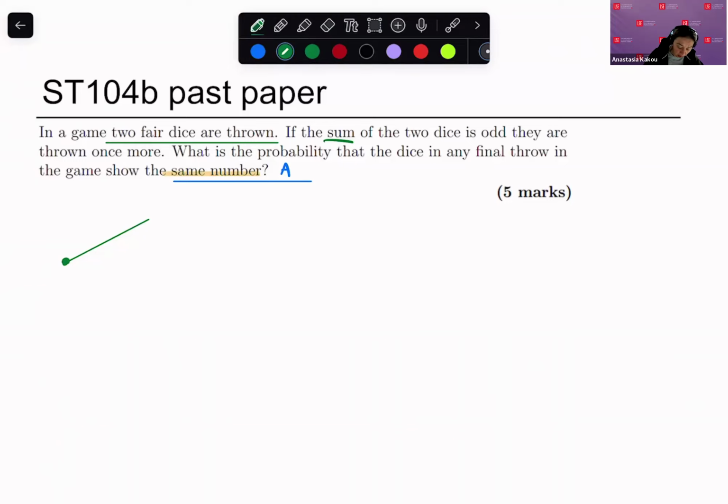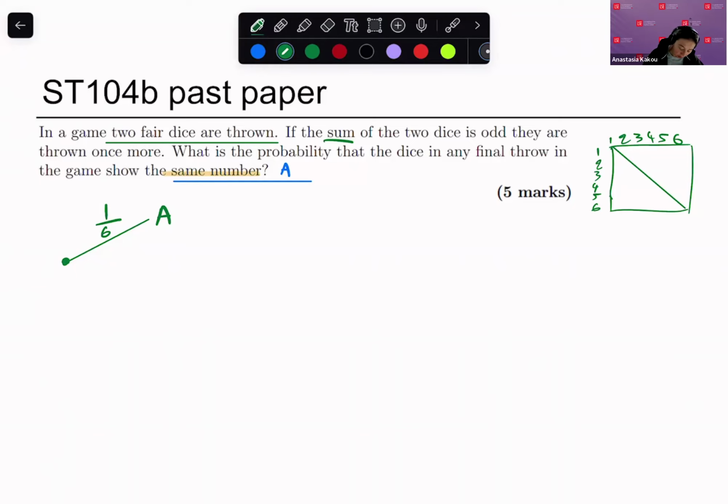So the probability of A here, that you have the same outcome when you throw the two dice, is 6, and you can see that if you draw that grid of outcomes, 1, 2, 3, 4, 5, 6 by 1, 2, 3, 4, 5, 6. So it's this diagonal of elements. All right.